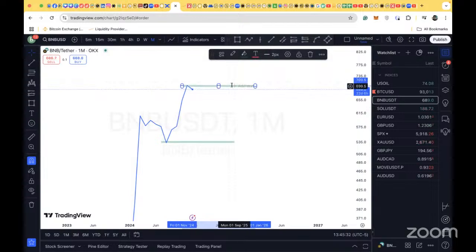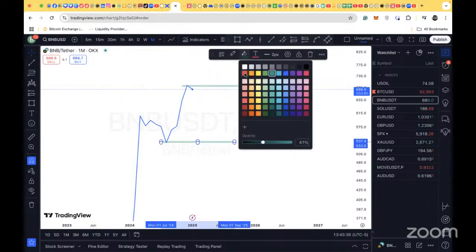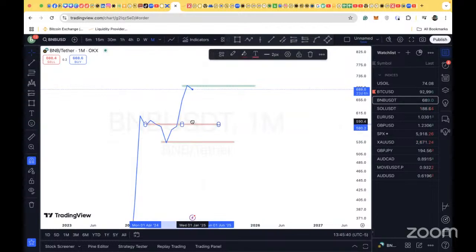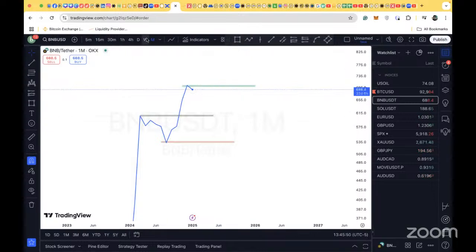Then I want to make this one red. Then I'll take this one and put it here for the mid. I always like to have like 3 lines for mid. Yeah, so let me go down and see weekly.